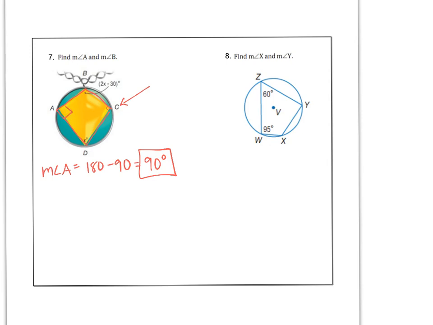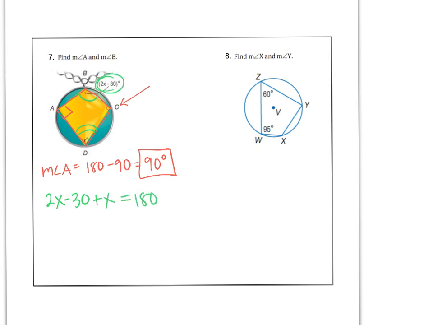Angles B and D also have to be supplementary because they are also opposite angles. So this angle and this angle are opposite angles in a quadrilateral that is inscribed in a circle, so they should be supplementary. So if I add them together, they have to equal 180. So 2x minus 30 plus x equals 180.